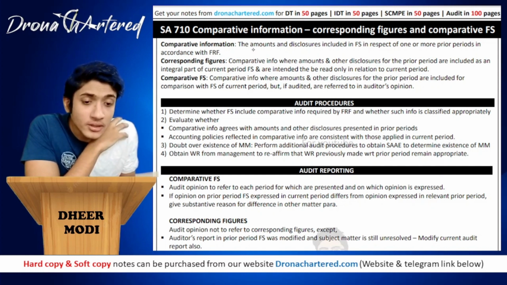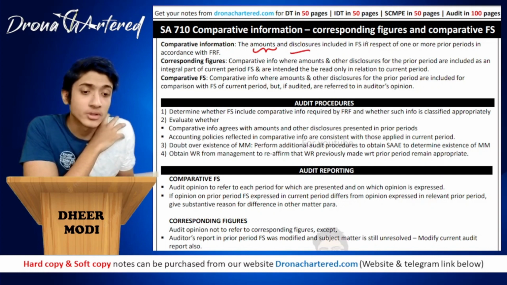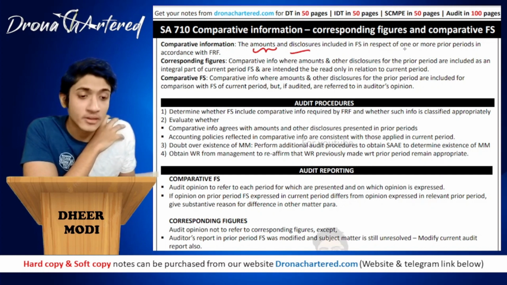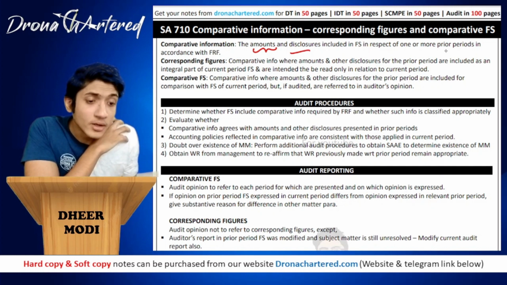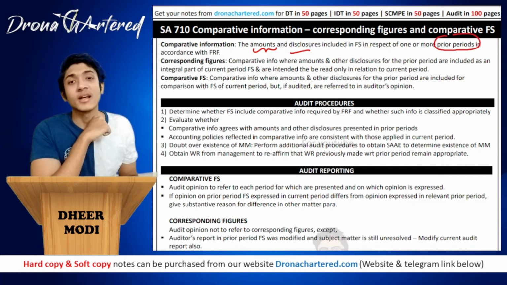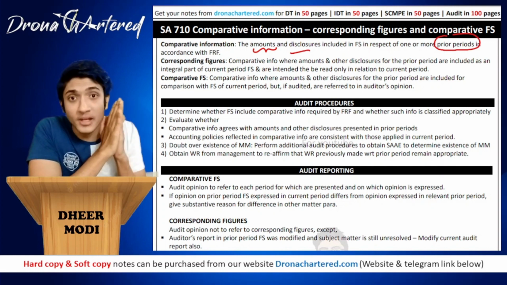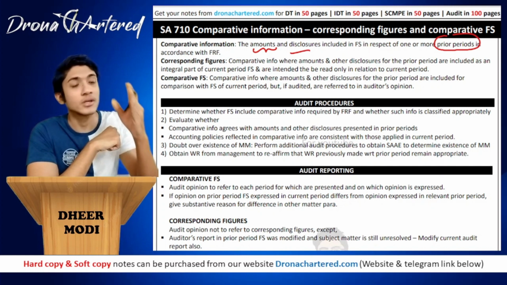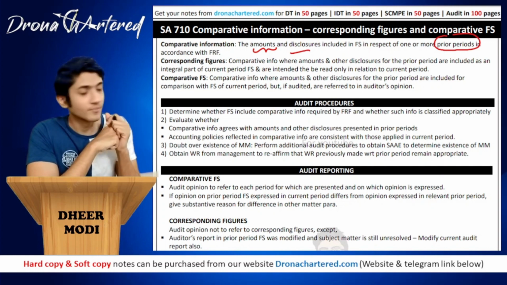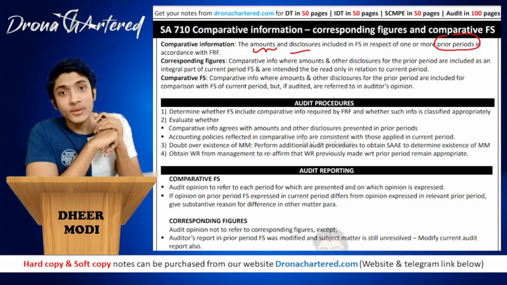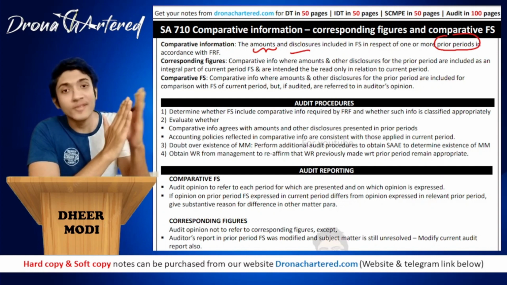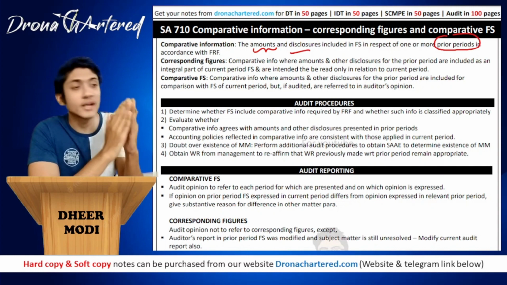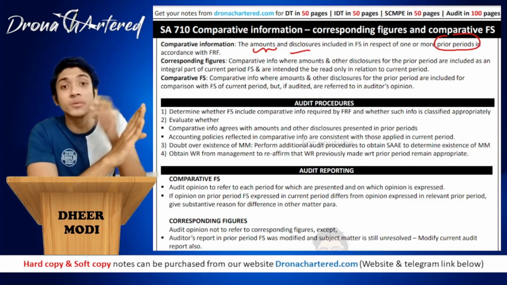Comparative information is the amounts and disclosures included in the financial statements in respect of one or more prior periods in accordance with the financial reporting framework. So for example, our financial statements are for the year 2022. Now, if they are for the year 2022, you will also have to include financial information from prior periods, that is from 2021, 2020.